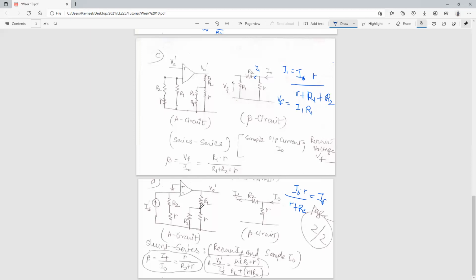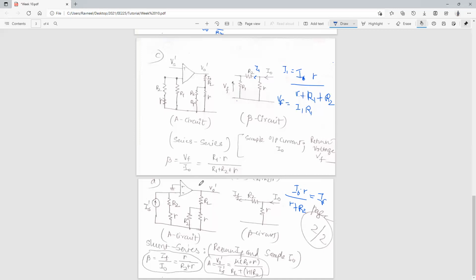However, if you do it in terms of the open loop gain as V naught upon IS, whether you sample your output with voltage or current, in this case they're showing the open loop gain in terms of V naught upon IS.